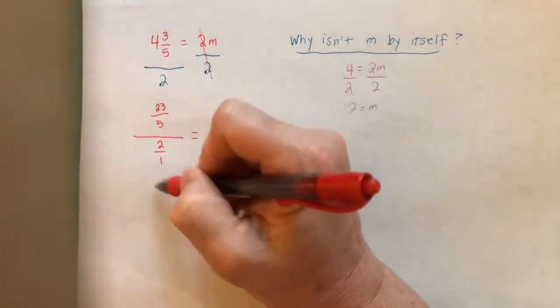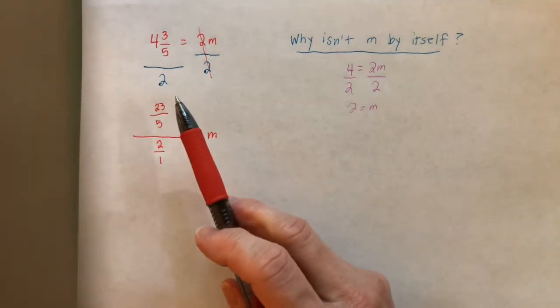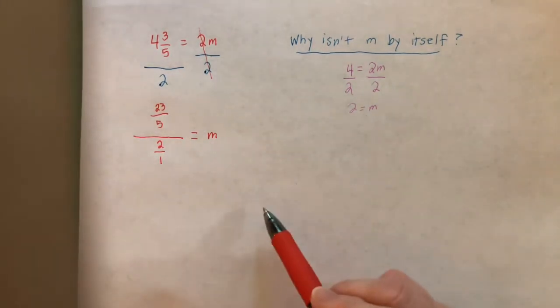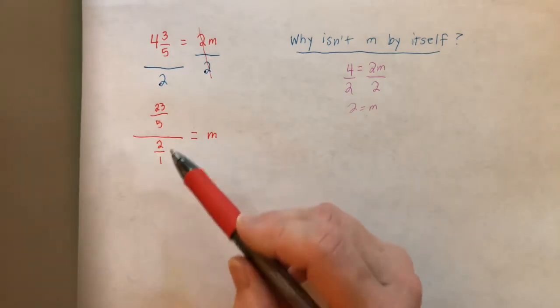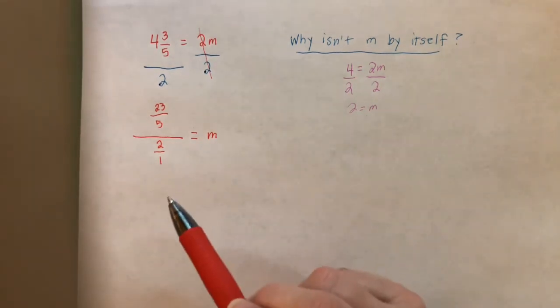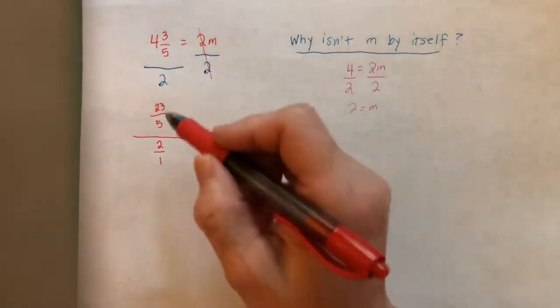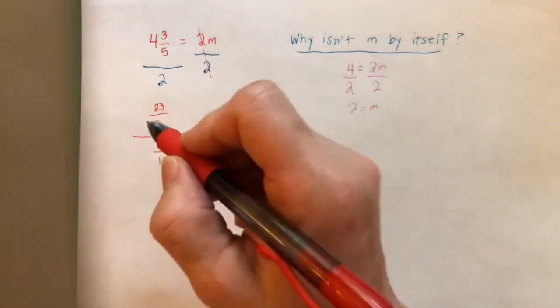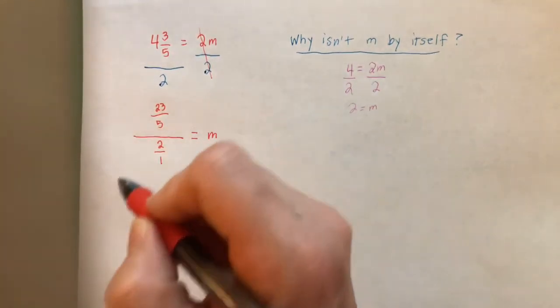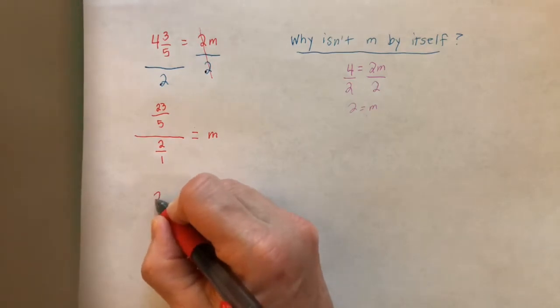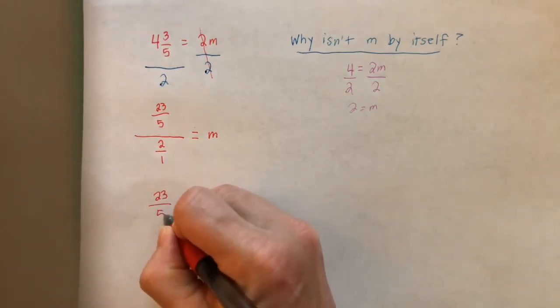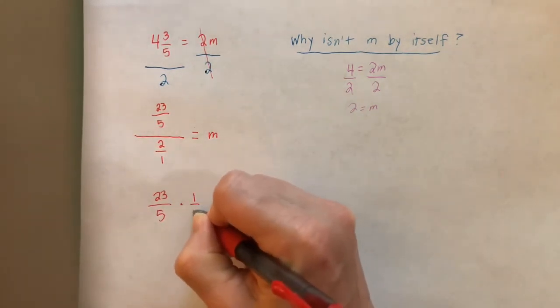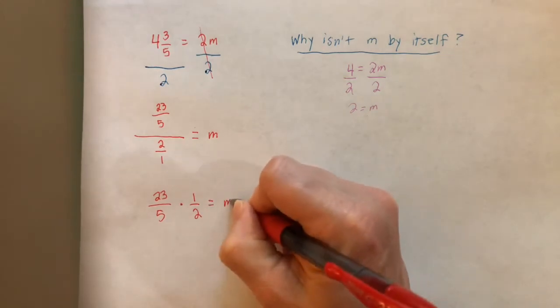Please take the time to do this step. So many people try to do it in their heads and write it as multiplication without taking the time to do this, and they make a careless mistake while doing that. So remember, we multiply by the reciprocal. 23 fifths times 1/2 equals m.